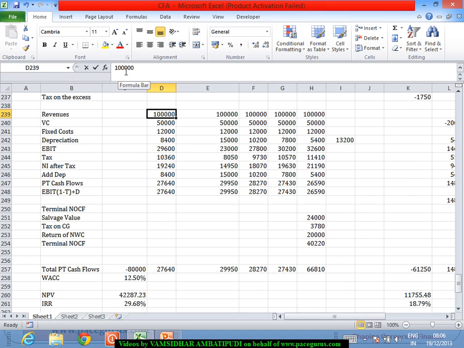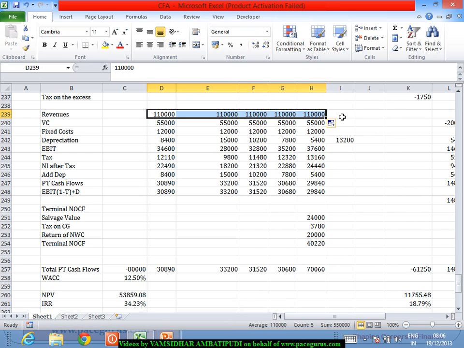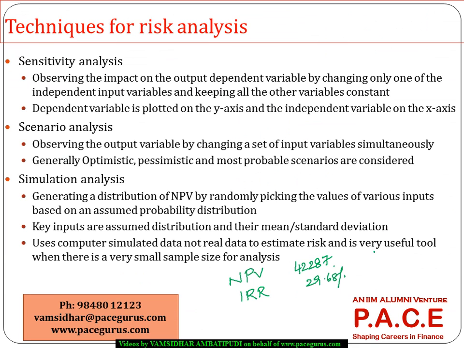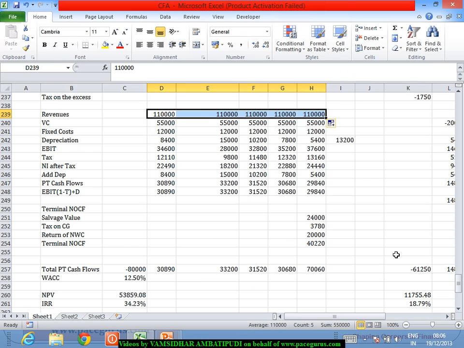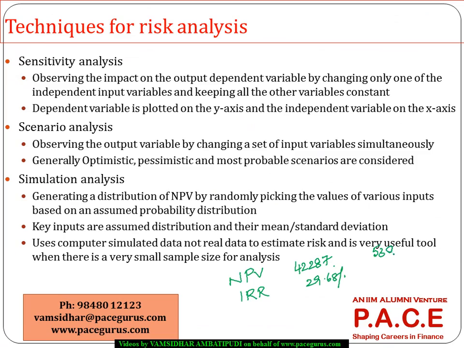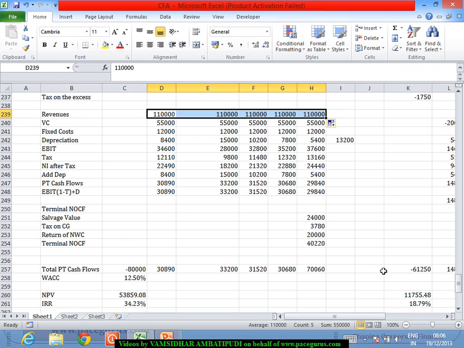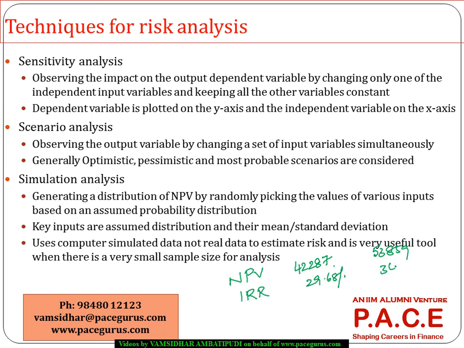What I am more looking at now is, if I assume that the revenues are 110 instead of 100, means there is a 10% increase in the revenues each year and nothing else is changing. What I am seeing is my NPV has directly become 53,859, whereas IRR has become 34.29%.